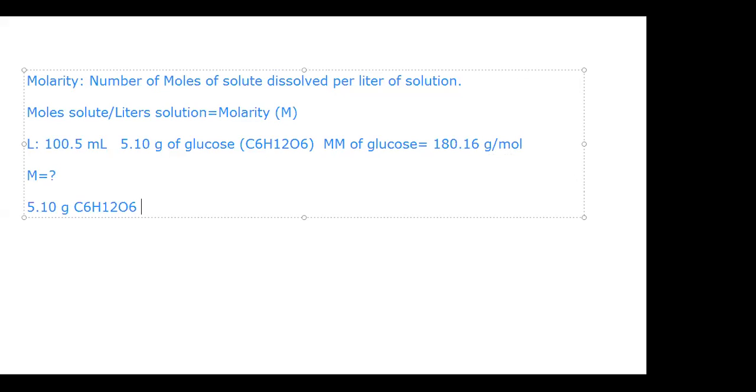And so this will be times 1 mole C6H12O6, divided by 180.16 grams per mole of the same thing.